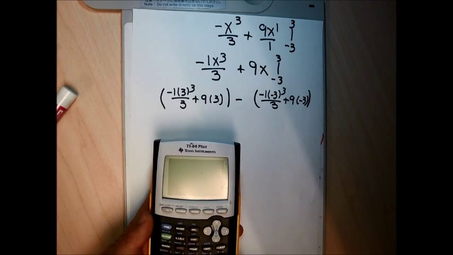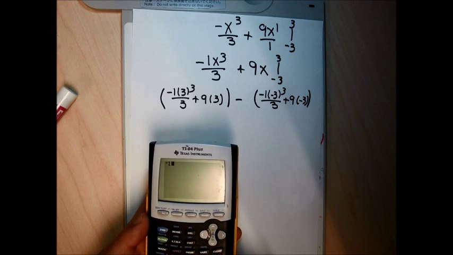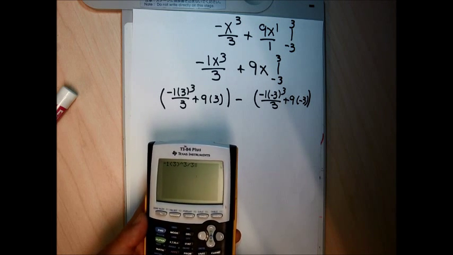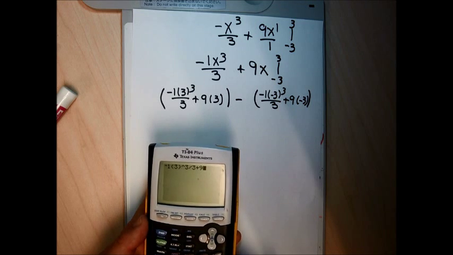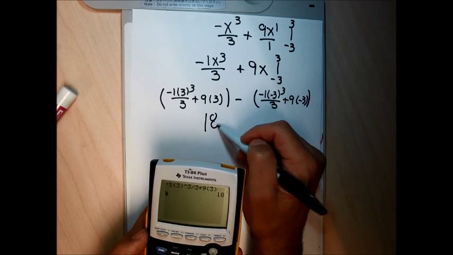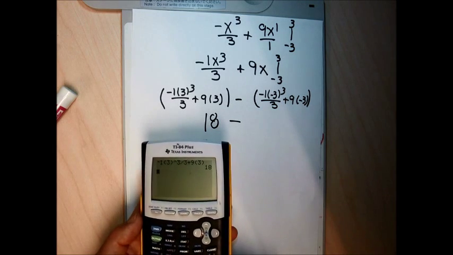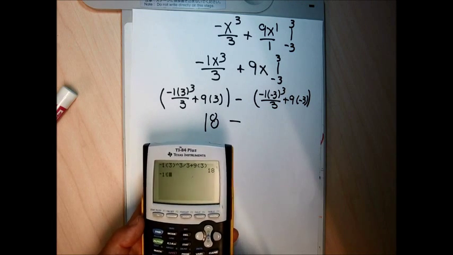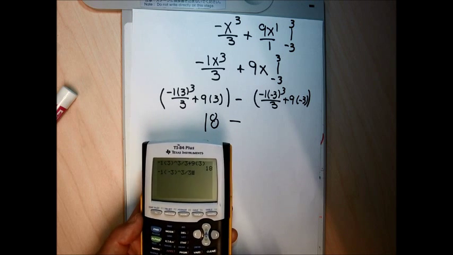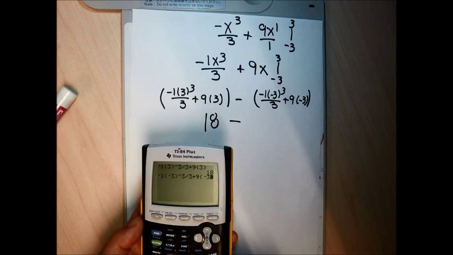First computation, negative 1 parentheses 3 up arrow 3 divided by 3 plus 9 parentheses 3. I get 18. Bring down my minus sign, and then next, parentheses, negative 1 parentheses negative 3 up arrow cubed divided by 3 plus 9 times negative 3.